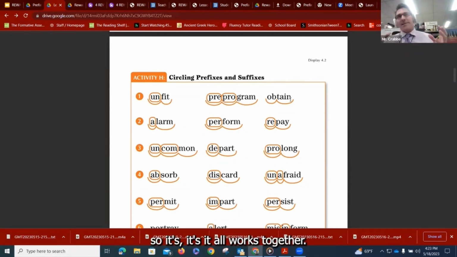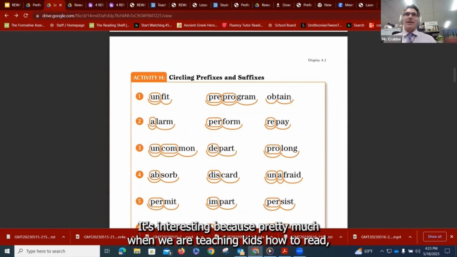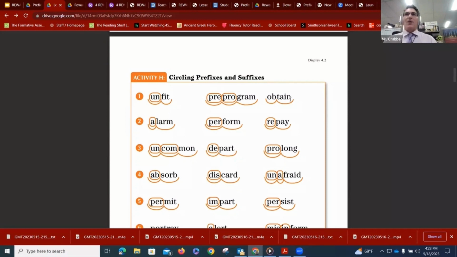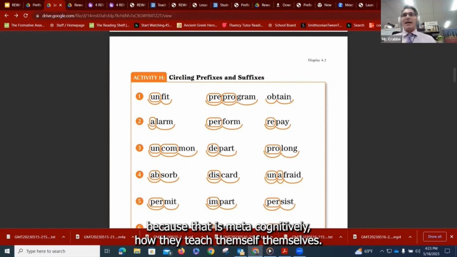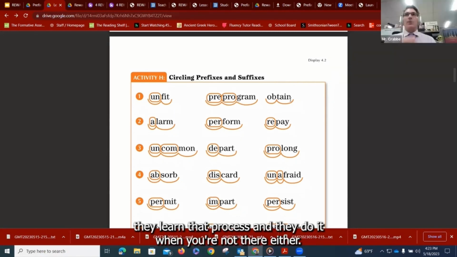So it all works together. It's a systematic program. It's interesting because pretty much when we are teaching kids how to read, we have to follow the systematic structural program to teach them, because that is metacognitively how they teach themselves when you're not there with them. They learn that process and they do it when you're not there either.